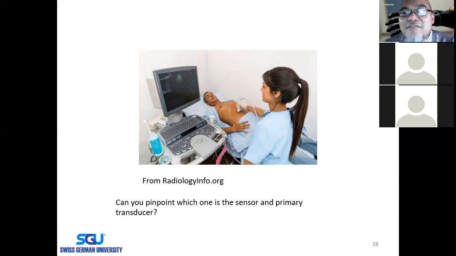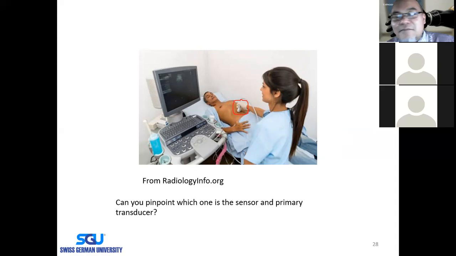Can you annotate using your mouse in the figure? Just like Ezra earlier. Circle the sensor and primary transducer. I'm not sure how to annotate, sir. Never mind. It's in the green part here on the screen? Yes. Okay, good. That's correct.